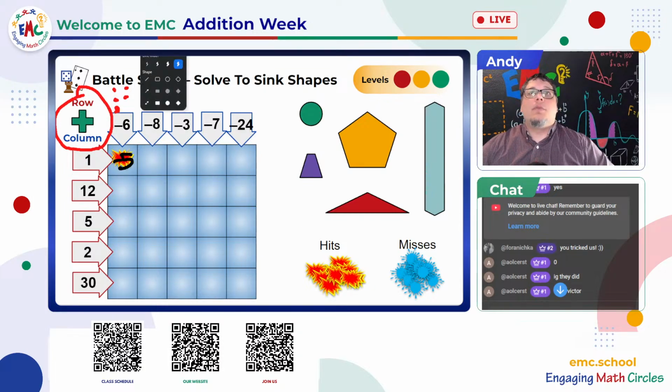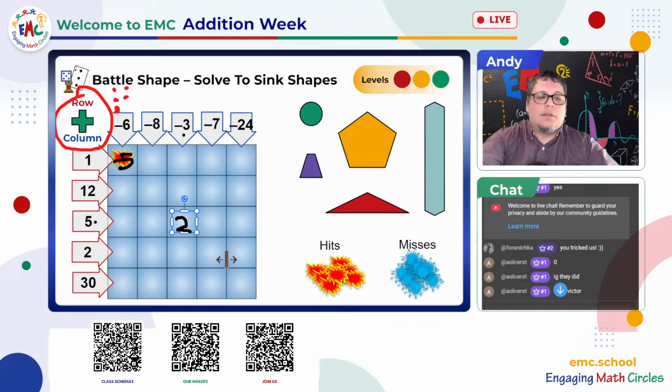I'm going to go with whatever the chat tells me as they show up. Okay, let's see. Someone said 5 plus -3 is +2. And that's correct. That is a hit, and a sink of our circle ship.